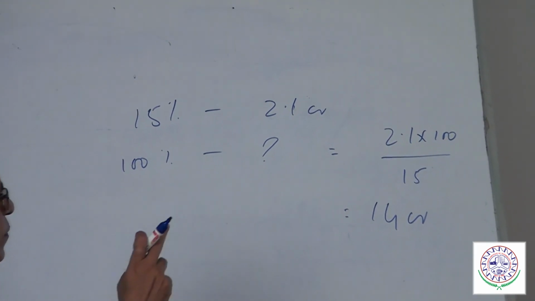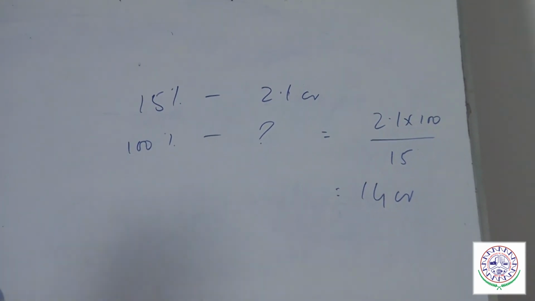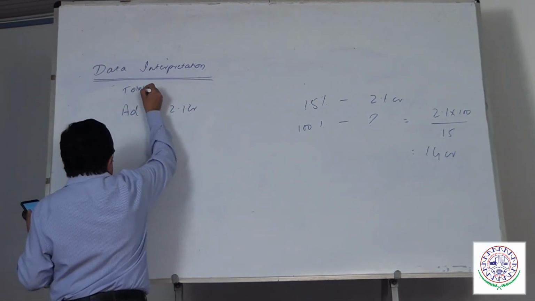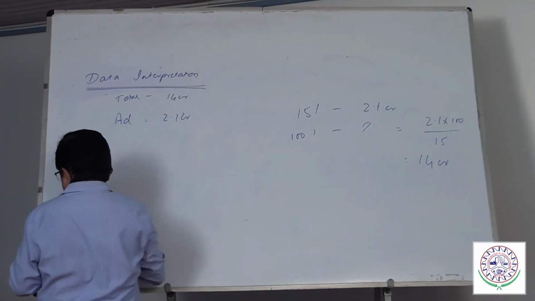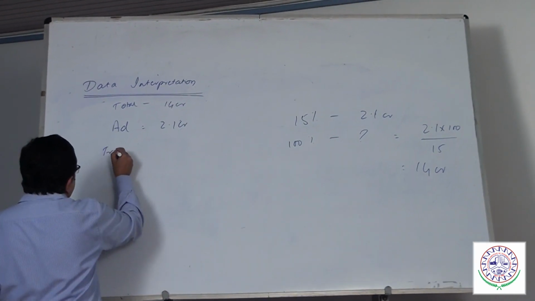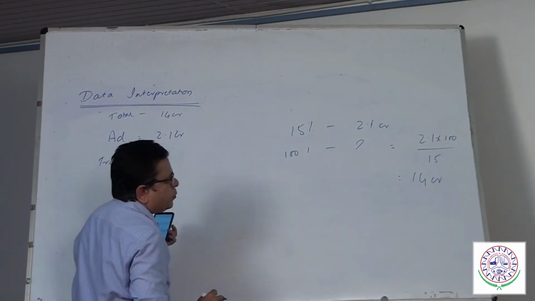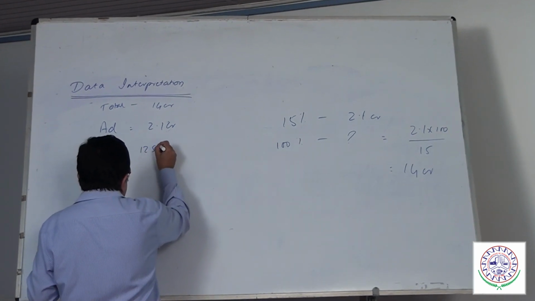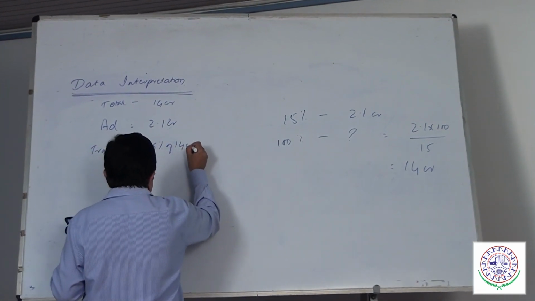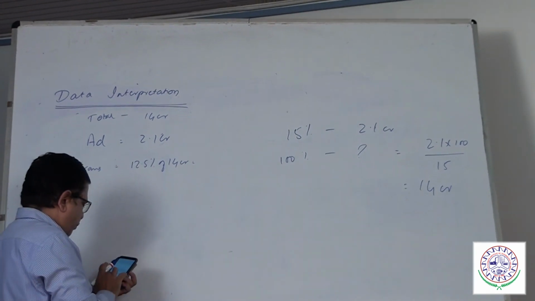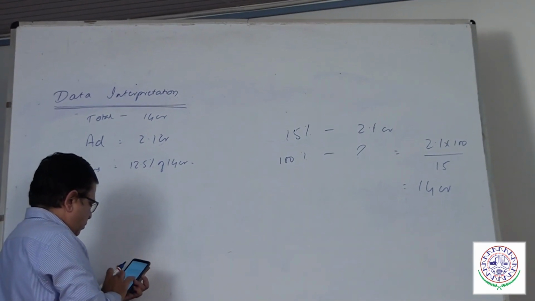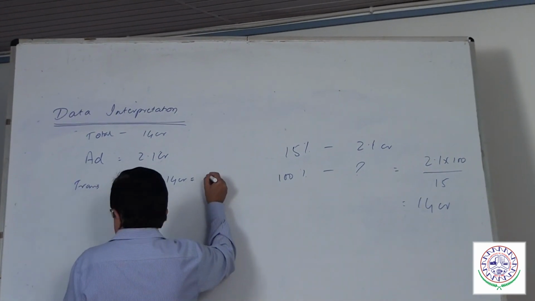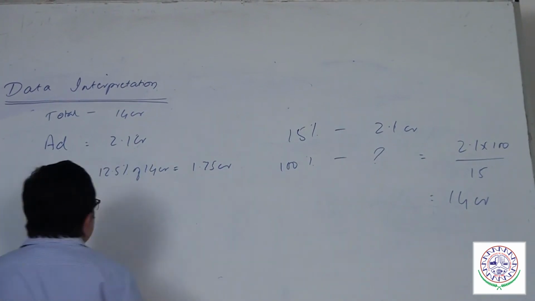Next, how much is the transport expenditure? Total you have 14 crores. Transportation is 12.5%. 12.5% of 14 crores is 1.75 crores.